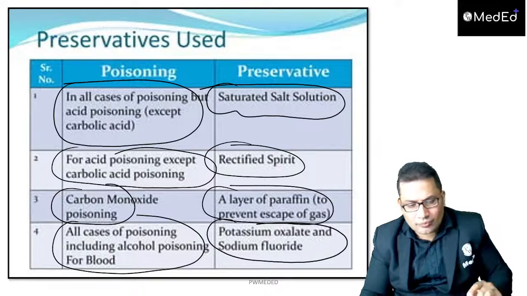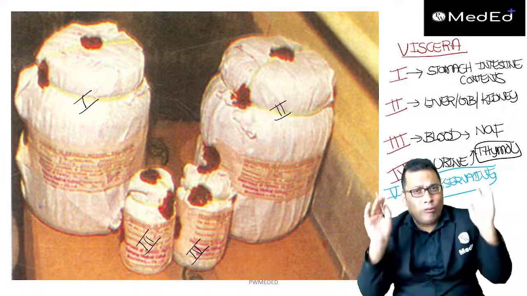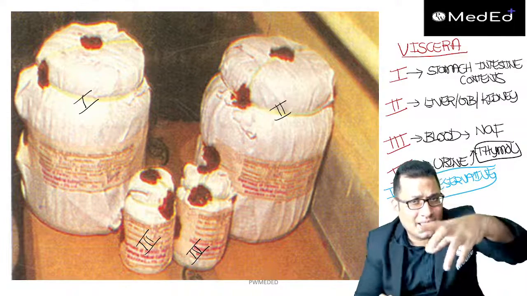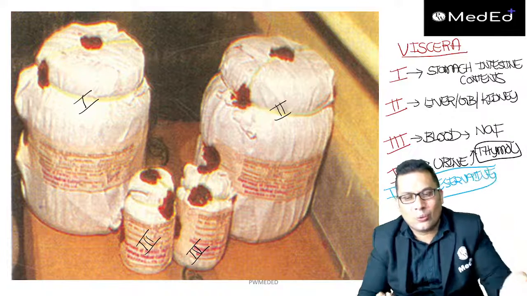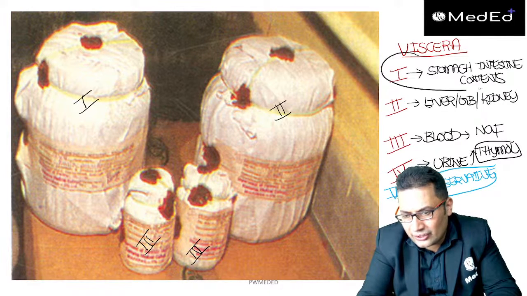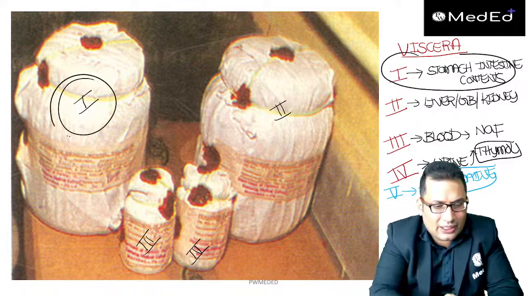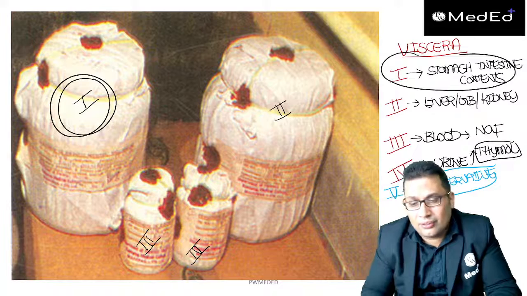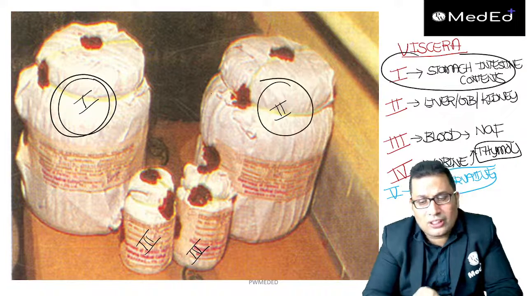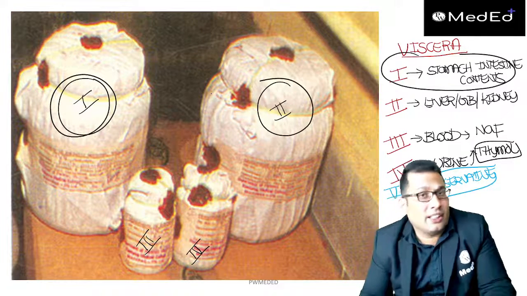This you must know. What you can see here are 4 containers. One contains the stomach and stomach contents. One contains the intestine and its contents. Another consists of liver, gallbladder and kidney.